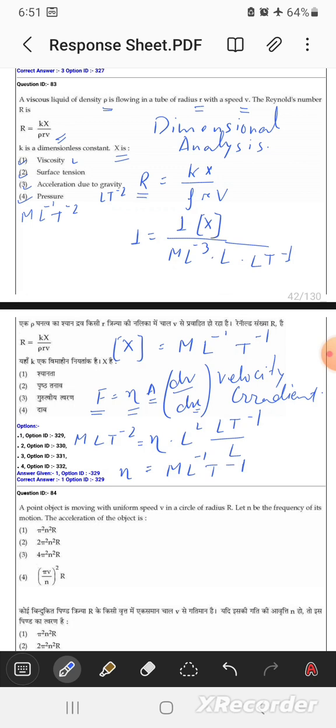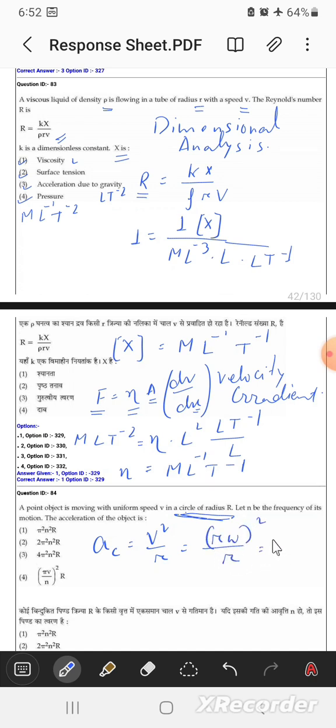Moving to the next question. This is also very interesting. A point object is moving with uniform speed v in a circle of radius r. Then with the frequency of its motion, the acceleration of the object will be. Now, as the object is moving in a circle of radius r, we have to consider centripetal acceleration. The formula for centripetal acceleration is v square by r, and also we know v is equal to r omega, so (r omega) whole square by r.